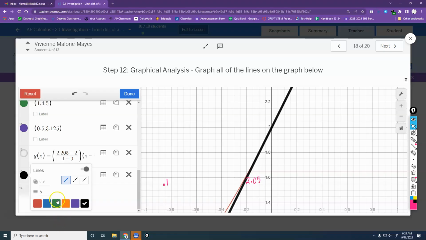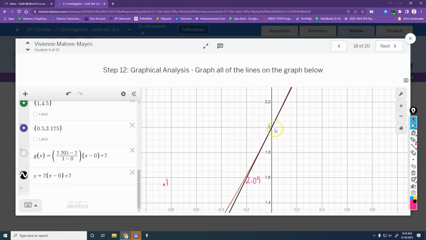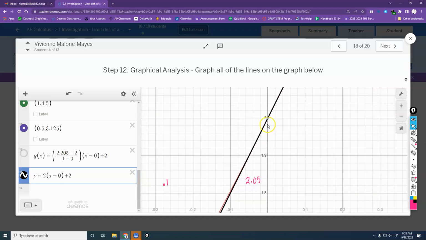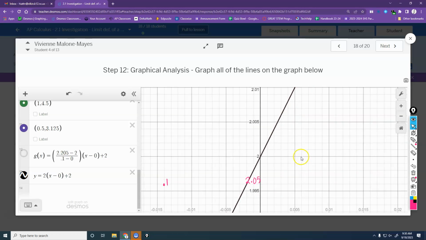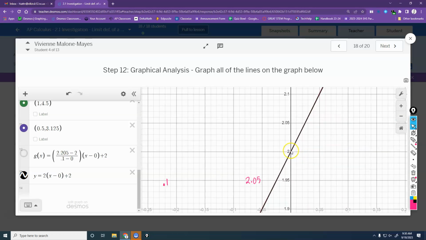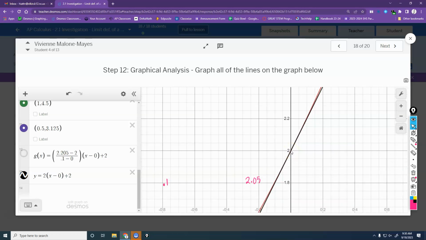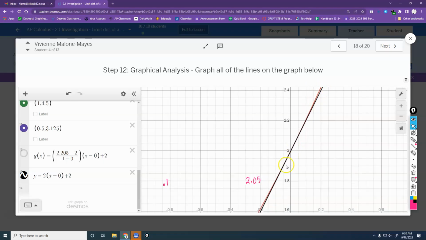That line right there looks like we are probably touching at one point. I don't know if I can zoom in enough for us to really see it. But it definitely doesn't look like it's crossing right there. It's just kind of bumping up against that line. So it looks like we have found probably the tangent line at this point. Okay?